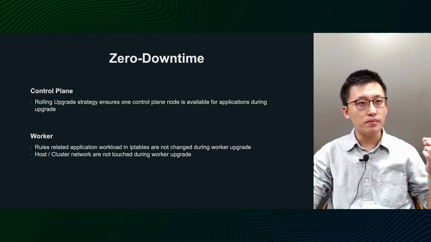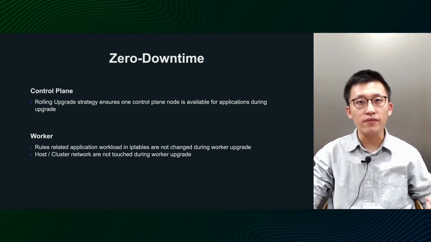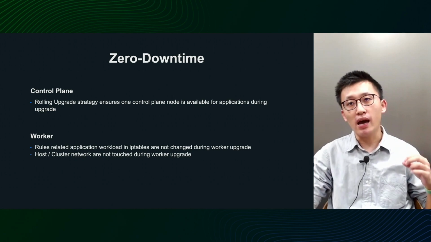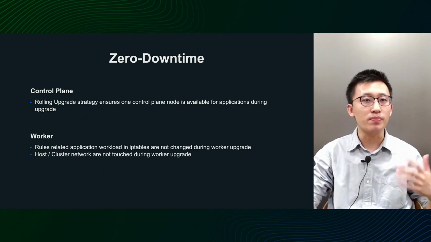From the application perspective, Rancher picks the rolling upgrade strategy for the control plane. It means the existing application has at least one control plane node to access during the upgrade process.